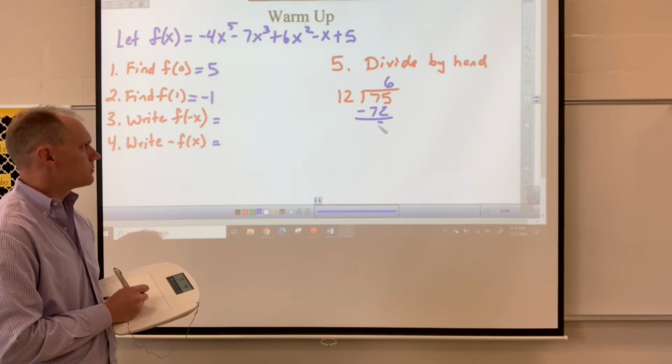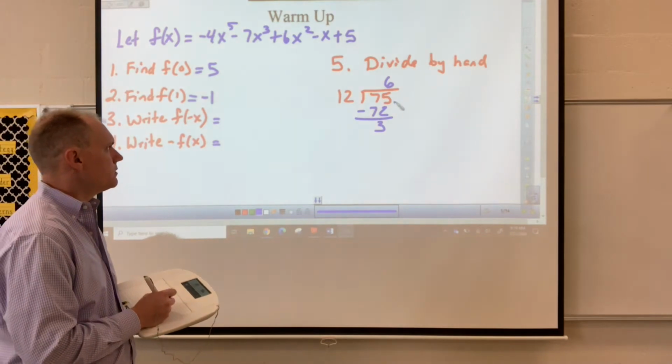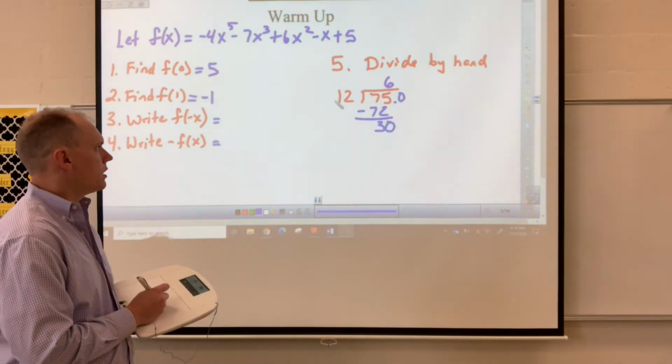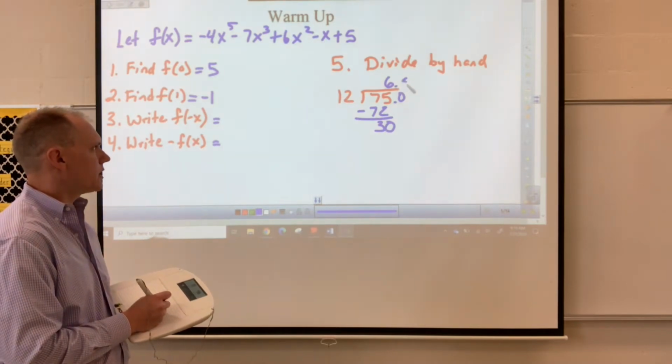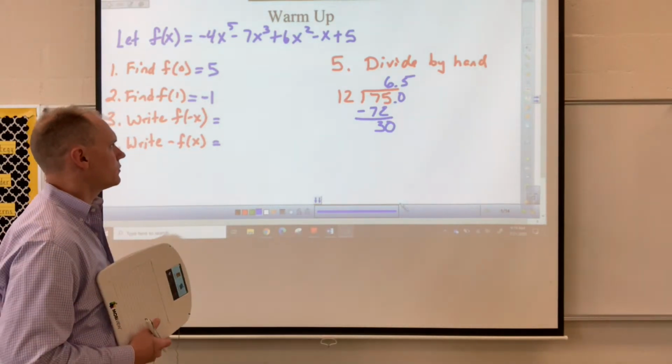Subtract, you get 3. 12 goes into 3 0 times. We'll tack on a 0 here. And let's see, 12 goes into 30 5 times. So it'll be 6 and a half.